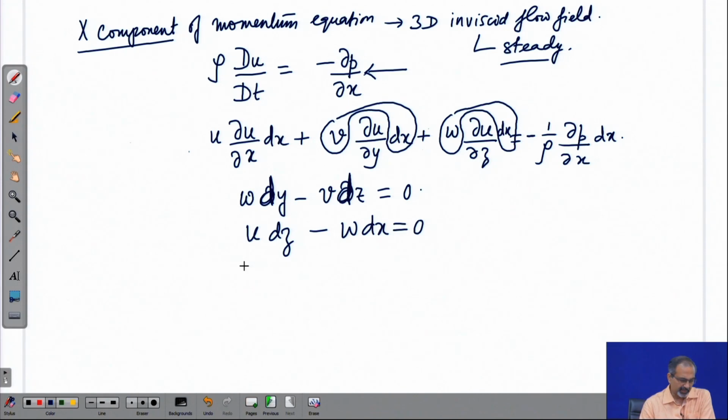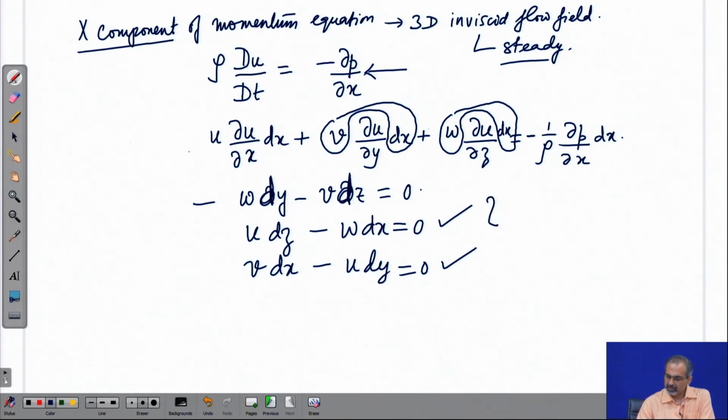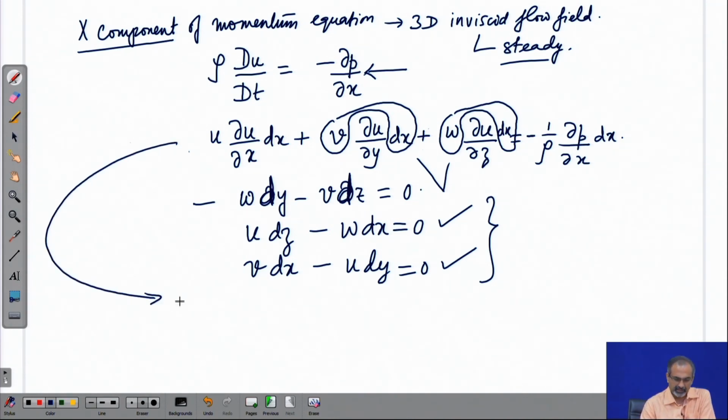So, in 3D space, the streamline equations look like this, and we are going to make use of these 2 actually. If you associate these 2 equations with the above 2 terms which are indicated, you can rewrite this equation. So, let us try rewriting it.